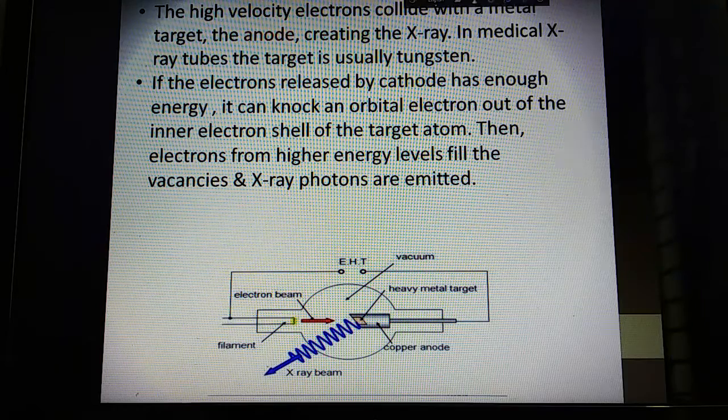And there is another term named anode. What is the function of it? The high velocity electrons that are released from the cathode just collide with a metal target, and this metal target is called the anode.